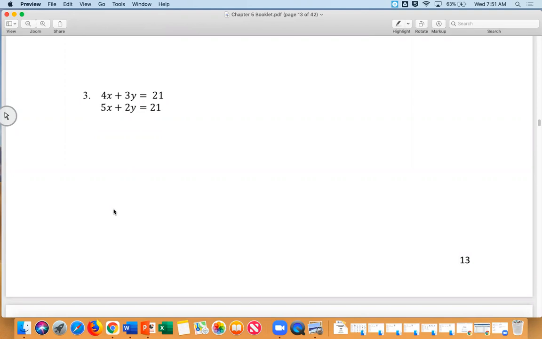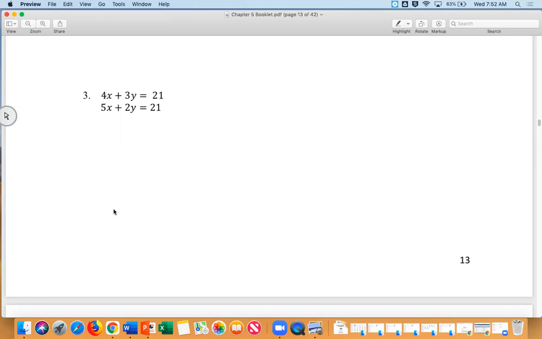Nice job. So what we're going to do is multiply one equation by a number and the other equation by a number so that the variable we're choosing to get rid of cancels out. They're not going to be the same number, and we just have to figure out what that number is.